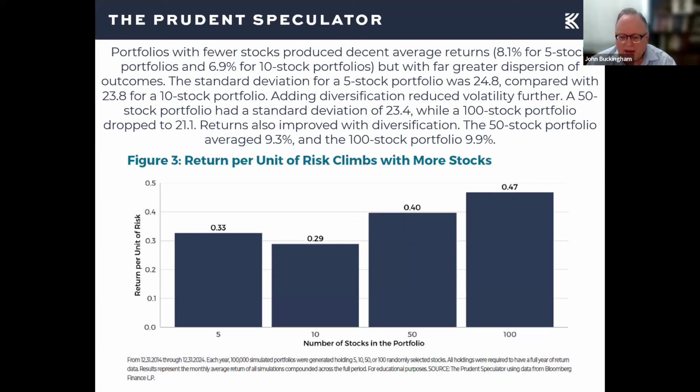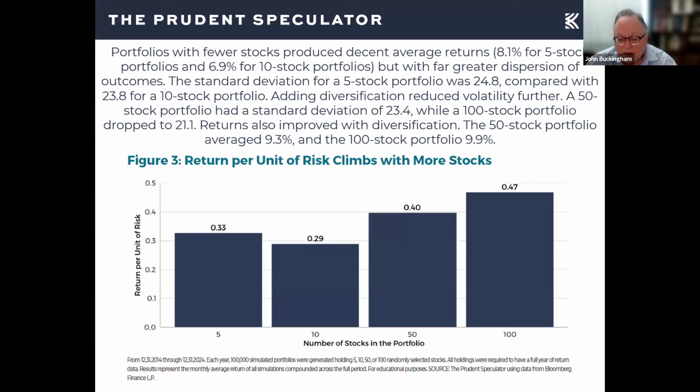Now, there have been academic studies that have confirmed this, including one by a fellow named Meir Statman back in the early 2000s. That one suggested you might need 100 stocks in a portfolio to really get the best bang for your buck, limit risk, and still have the best chance for a return.